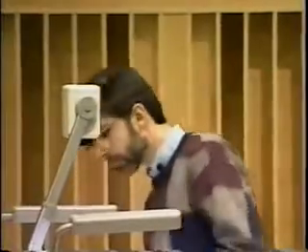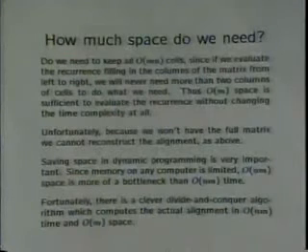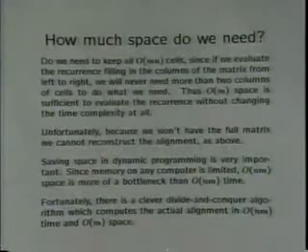One last thing for today. How much space? We said that this program took n squared time. How much space does it take to edit two strings together? How much space were we using in this recurrence relation?